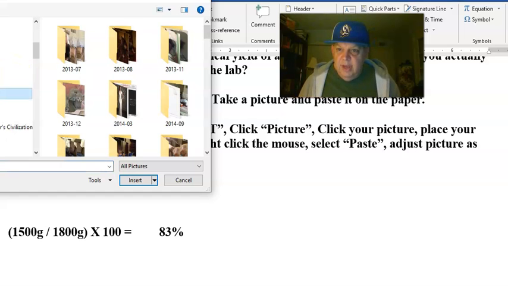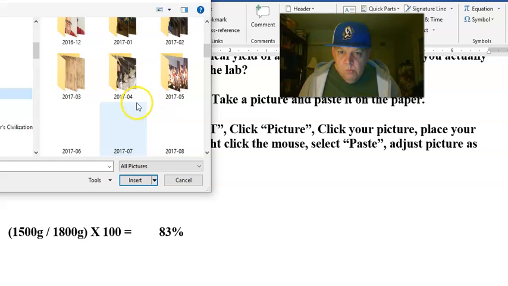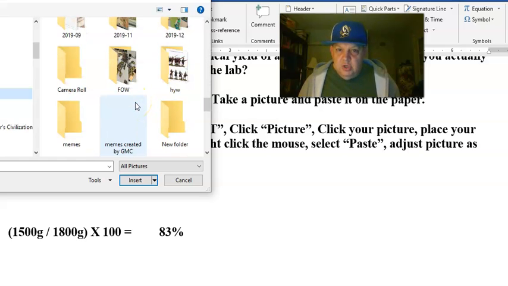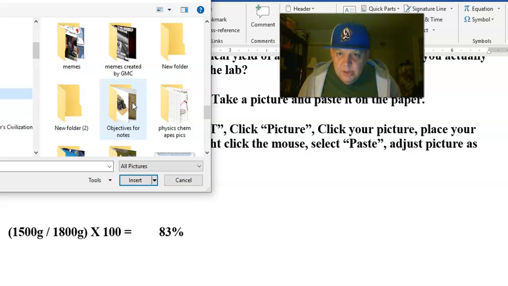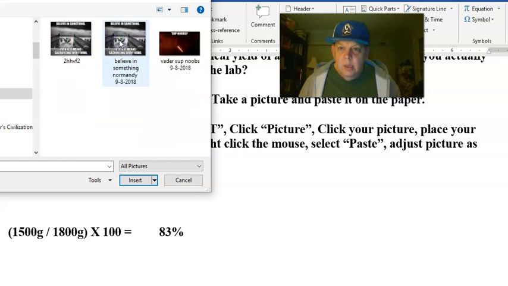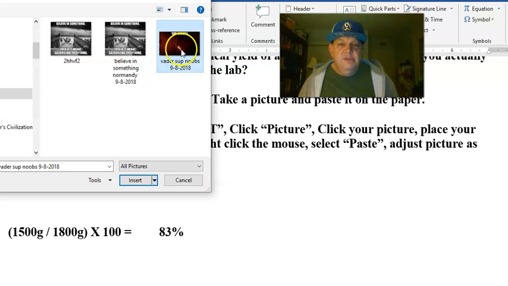I'm going to see if I have anything in my regular pictures file. You notice I got a lot of pictures here, for very different things. So I'm going to go to memes, and I'm going to pick this one, and insert.